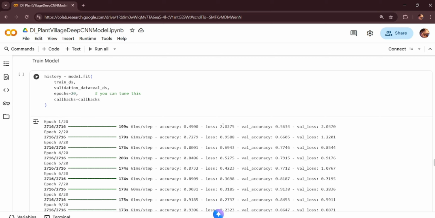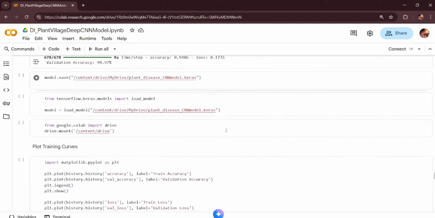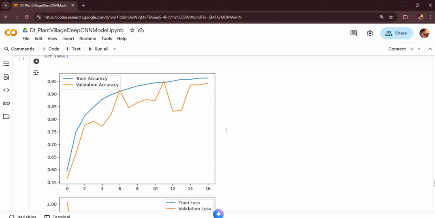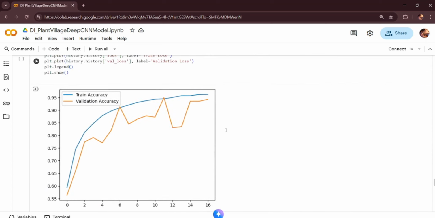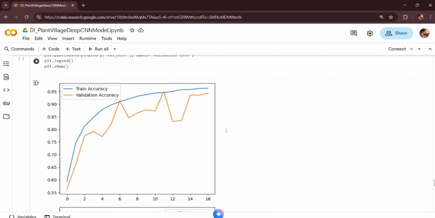During this training, I monitored both accuracy and loss for the training and validation datasets. This graph shows the training progress. The training accuracy steadily increased to around 96%, while the validation accuracy followed closely at about 95%.